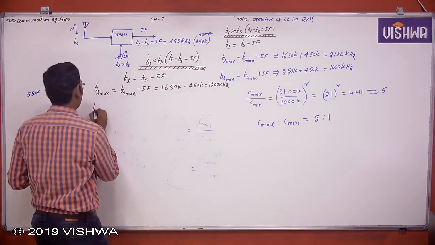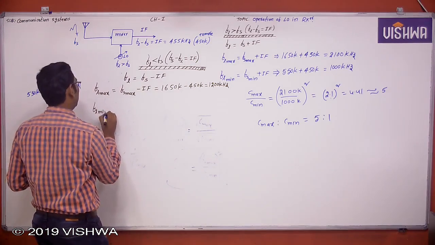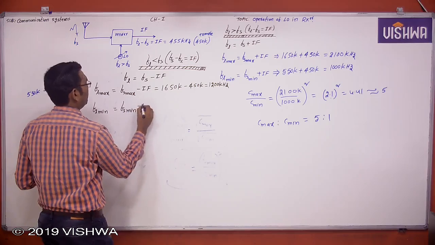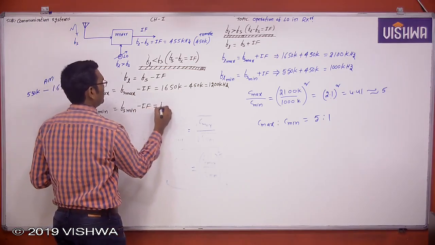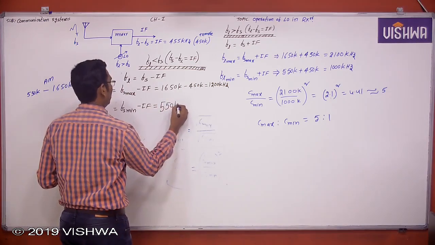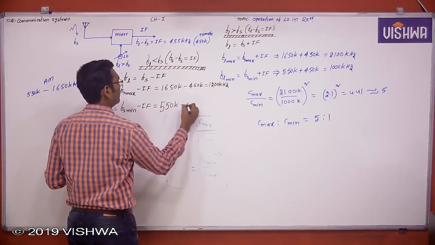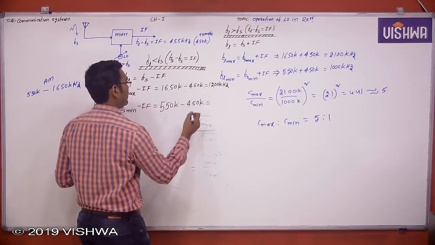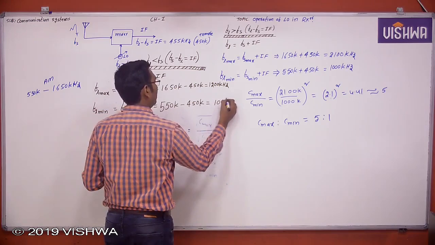Now Fl minimum is equal to Fs minimum minus IF, which is 550 kilo minus 450 kilo, which is nothing but 100 kilohertz.